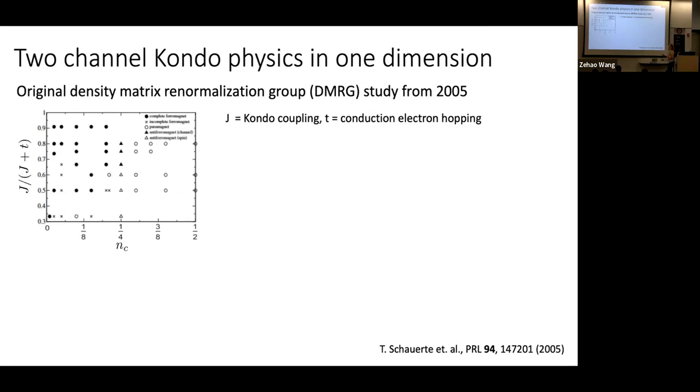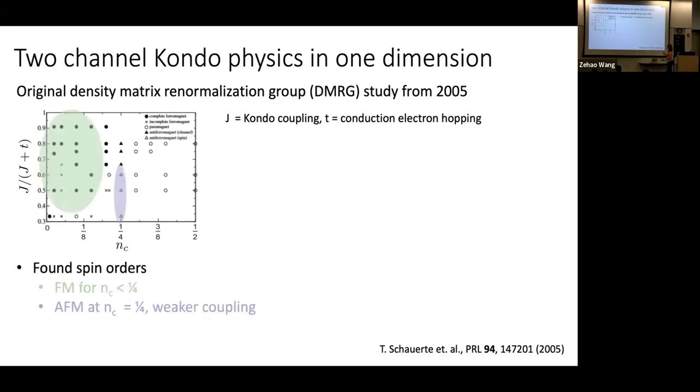And that motivated us to look again once we understood what is possible in two-channel Kondo physics. So here, they're tuning the conduction electron filling. This is now as a fraction of the total filling, so this is still half filling. This is the Kondo coupling rescaled by J plus T, which is the conduction electron hopping.